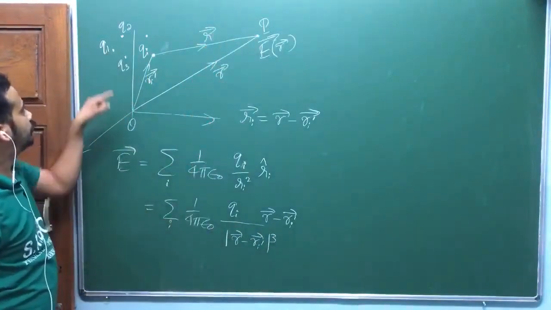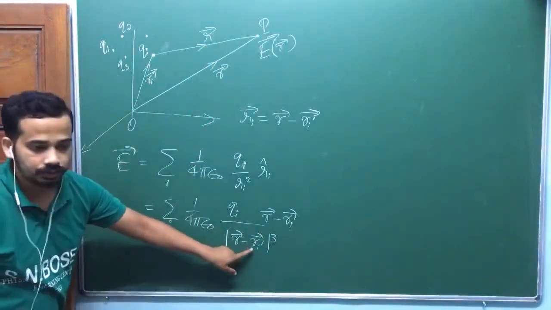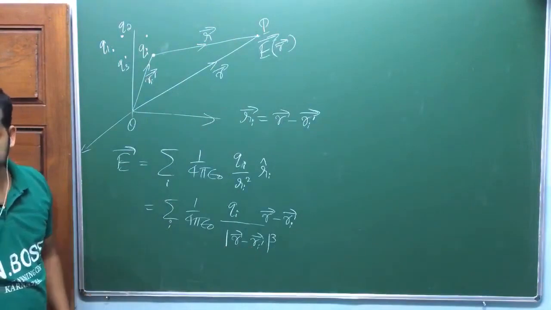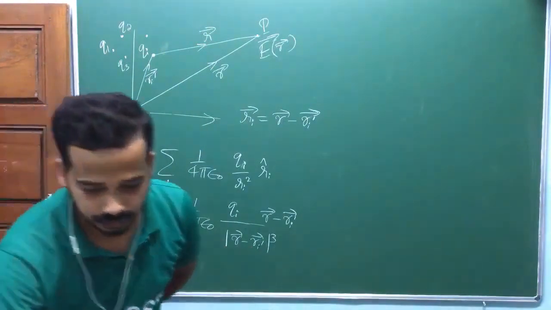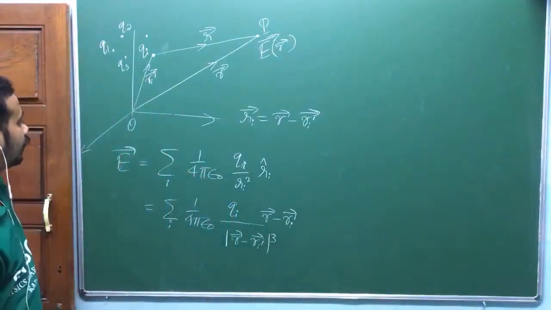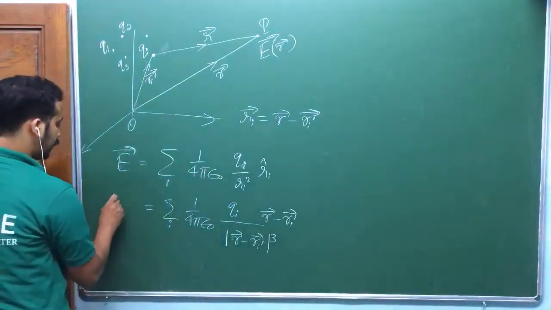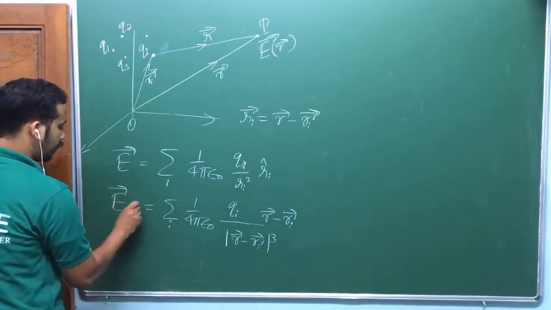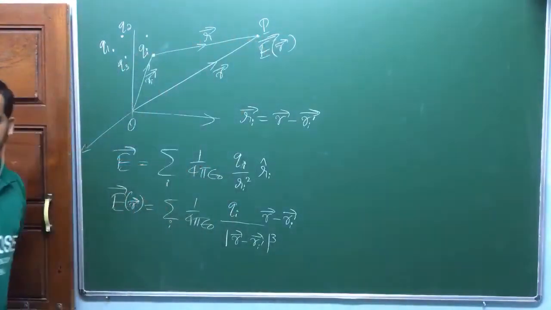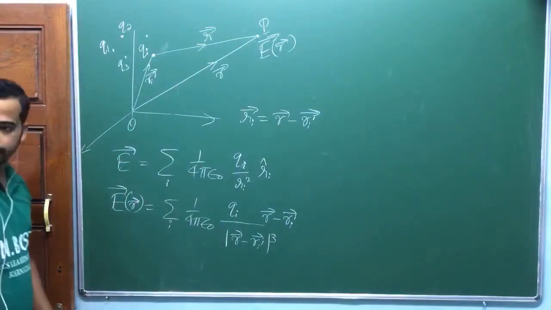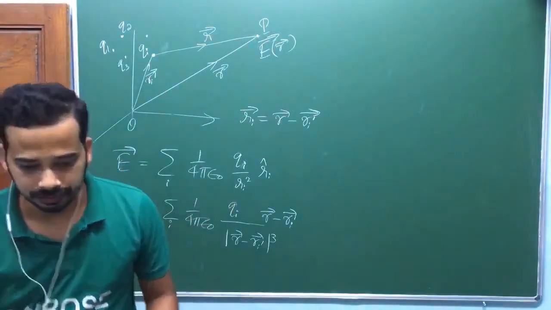The position vectors of the source charges will not change. So that's why this electric field is written as a function of this R vector, the position vector of the point where you are finding the electric field. Is that clear? Speak out.